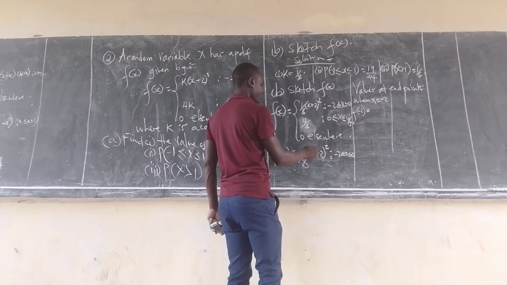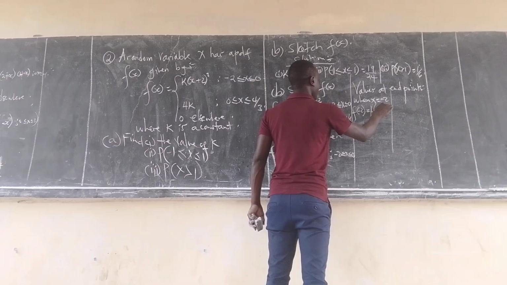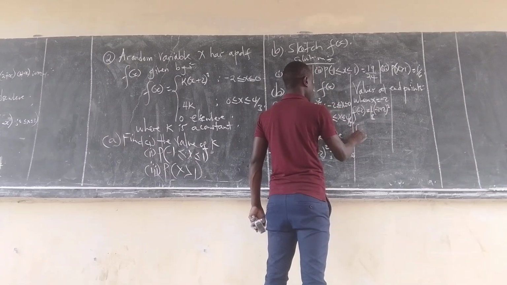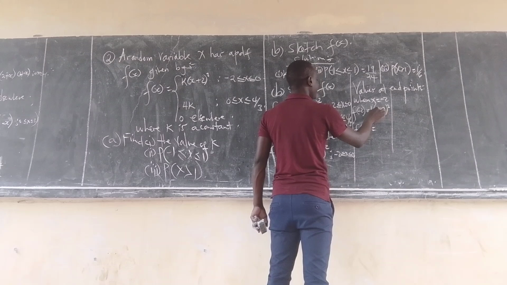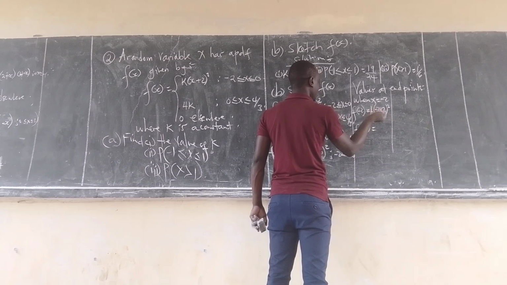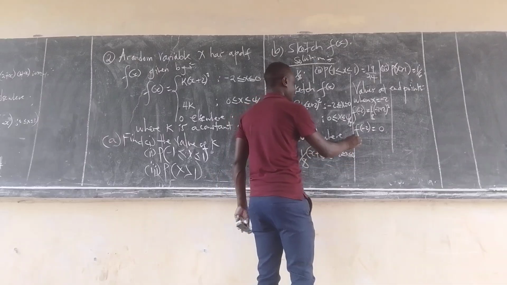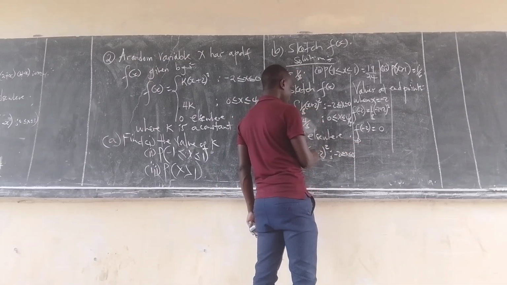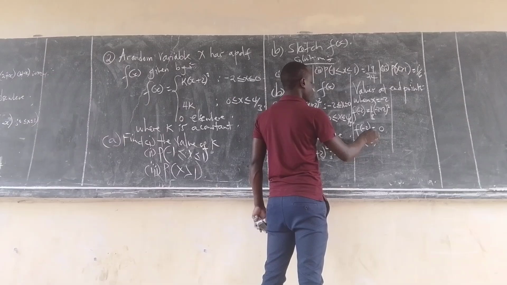Where there is x, you put -2. So we shall have 1 over 8 into -2 plus 2, the whole thing squared. -2 plus 2 is 0, times 1 over 8 is 0, which means that this nonlinear PDF must start when x is -2.